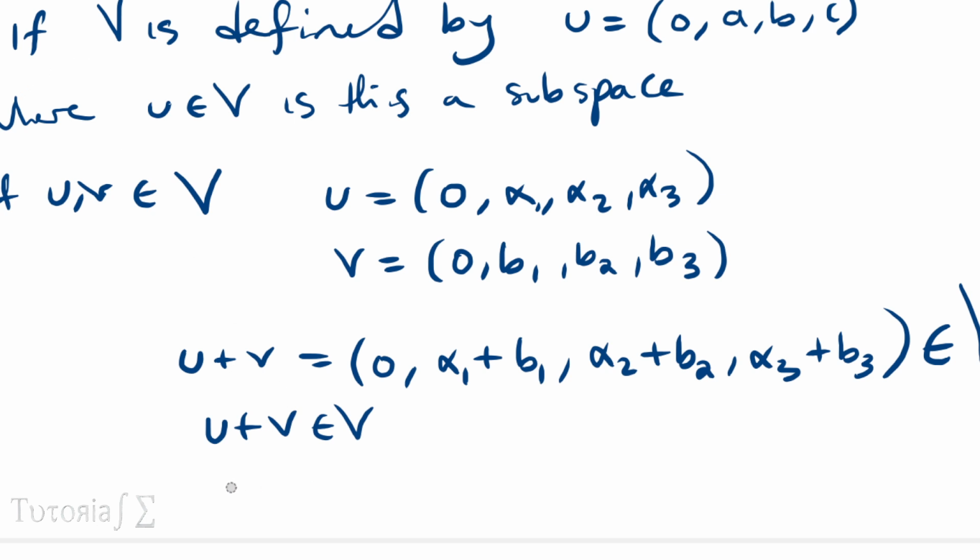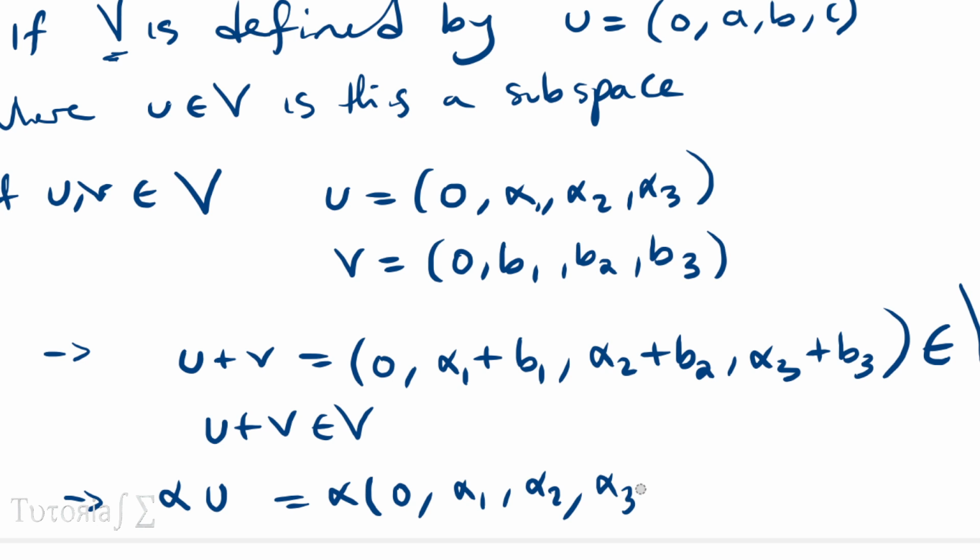Number 2, when we multiply. So the first one is closure under addition, then the second one is closure under multiplication. So we need to multiply a scalar alpha times a vector from the given space. So in this case, alpha times the vector u, which is 0 comma alpha 1 comma alpha 2 comma alpha 3. When we multiply, what are we going to have?